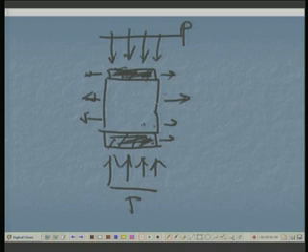The effect is something like this. If you are applying a load from the other direction, then this is a situation of what is known as biaxial condition, and in a biaxial condition, apparent strength would be higher.